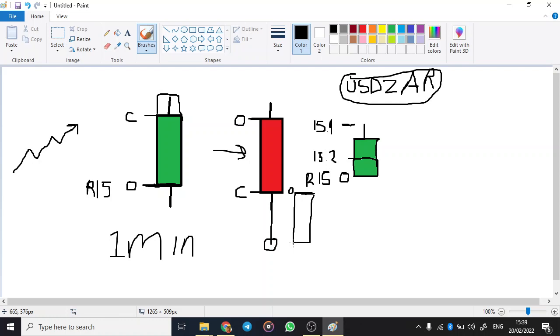And this is how candlesticks form in order to show us the opening price and the closing price per minute, or per 5 minutes, per hour, per 4 hours, depending on what time frame you're looking at. So now let us look at live examples of this happening.